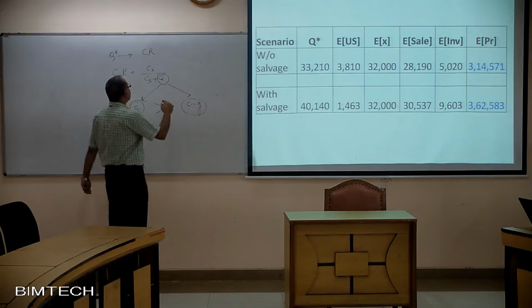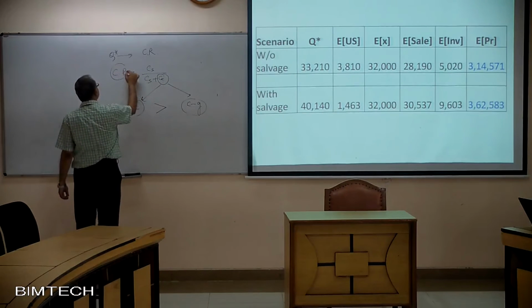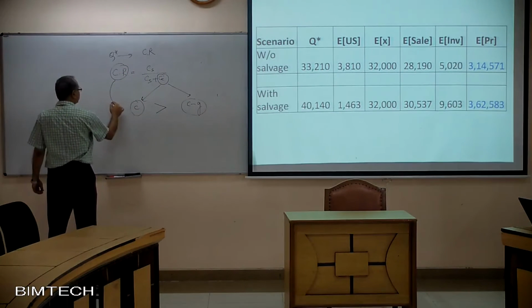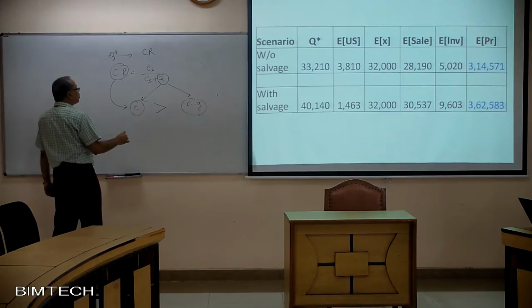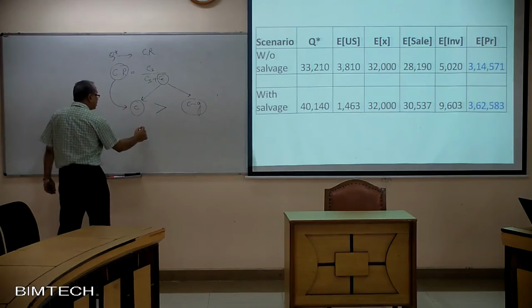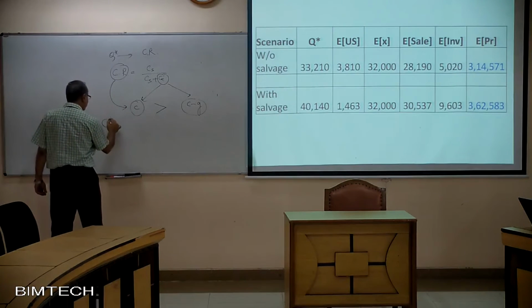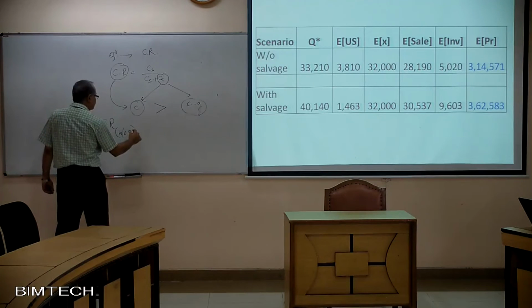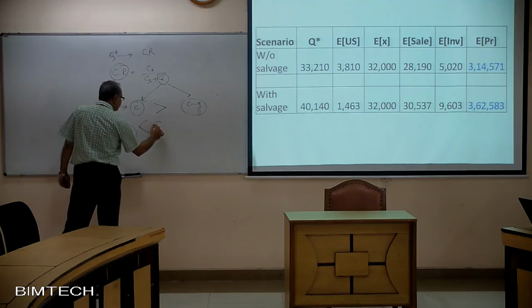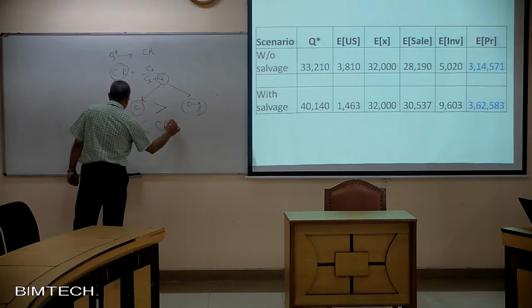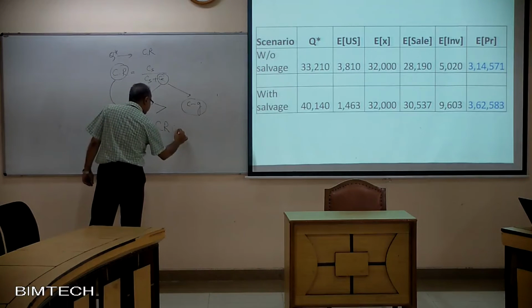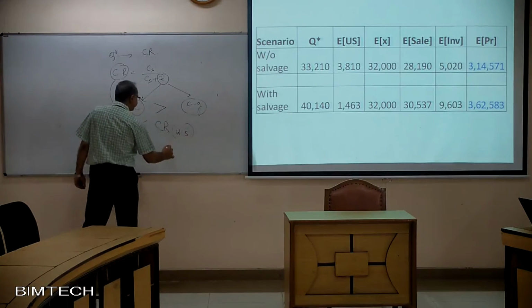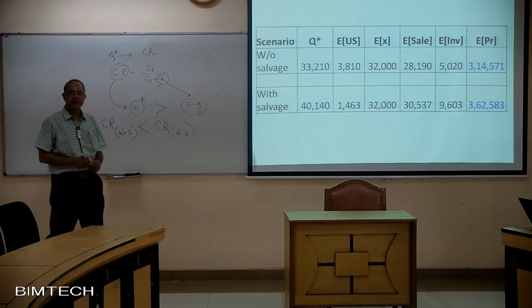And therefore, the critical ratio for this is going to be much smaller. So the critical ratio for without salvage is going to be less than the critical ratio for with salvage. I hope that is clear.